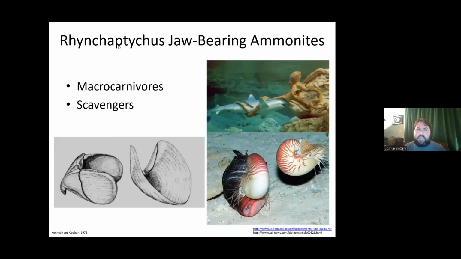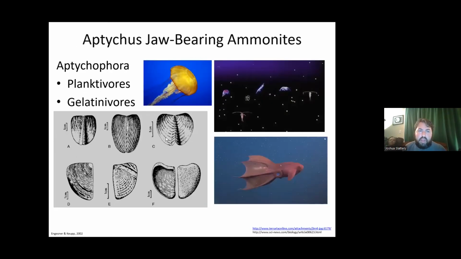The Rhynchaptychus jaw-bearing ammonites are usually what we think of as macrocarnivores or scavengers. That relates to their very thick, prominent beak-like jaws that are similar to nautilus and also modern octopods. The Aptychophora, the group that includes the Ammonitina and the Ancyloceratina, have those taco jaws, which are very fragile, just like a taco shell.